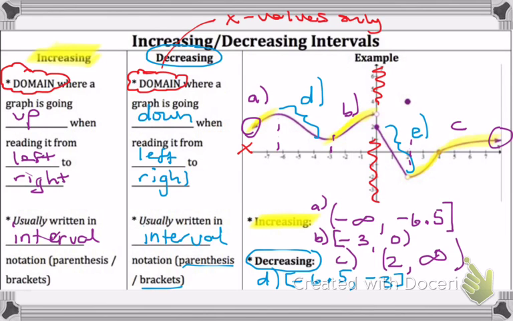Both of those included. And my E, if I can fit it in here, is decreasing from 0 until we get to 2. And that 2 is not included because it is an open circle. And the 0 here is closed. So bracket.